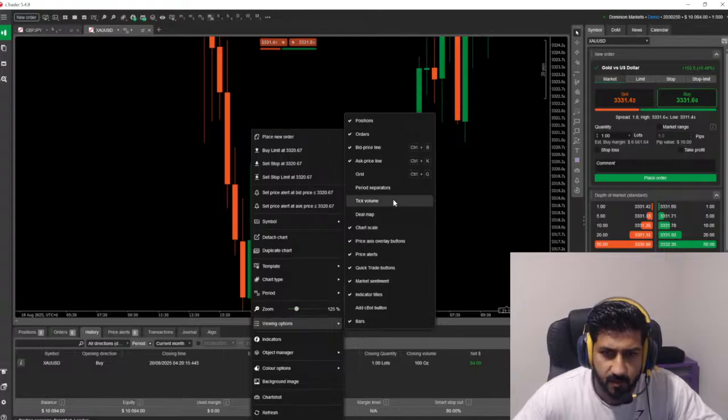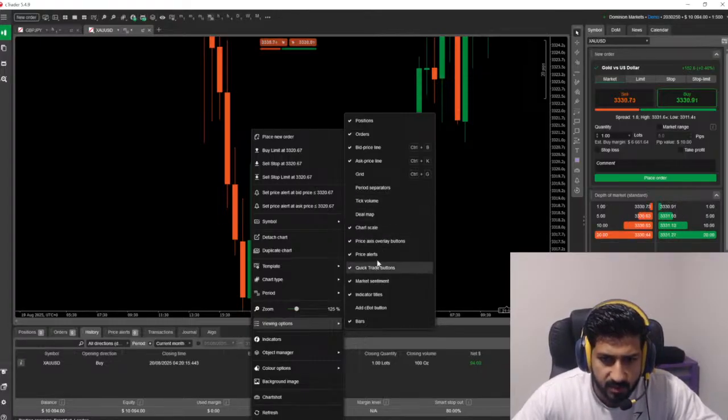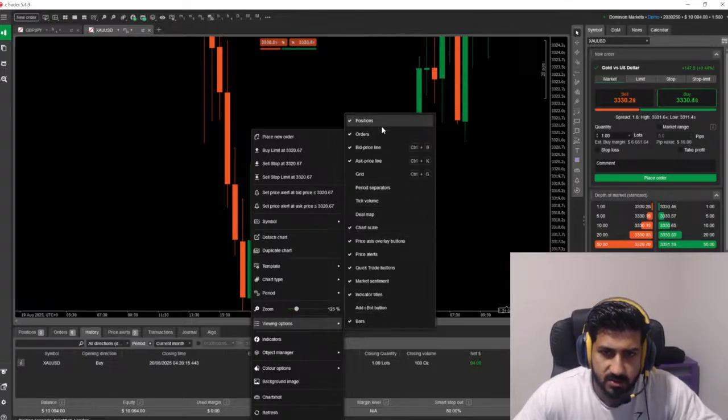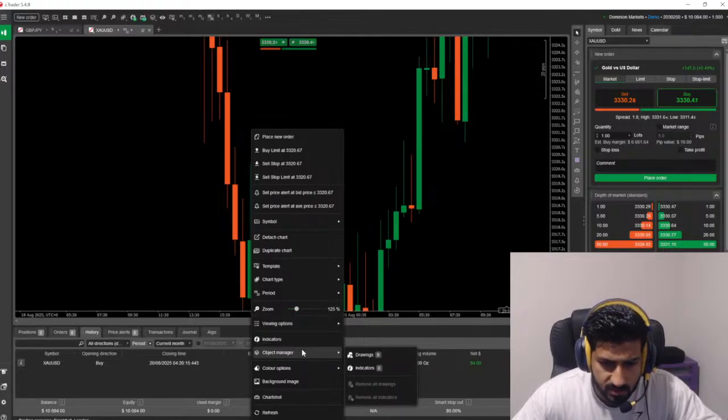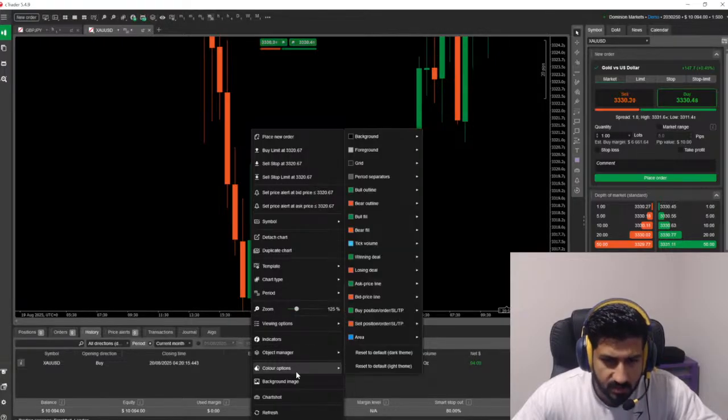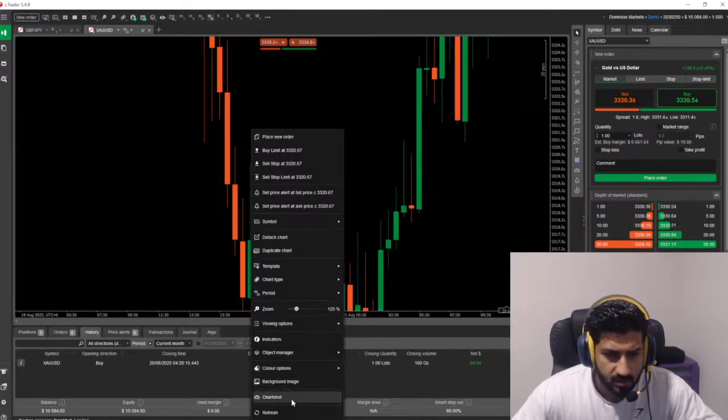Viewing option, tick volume, depth map, add cBot, bars, indicators, objects. Yeah, I'm not sure.